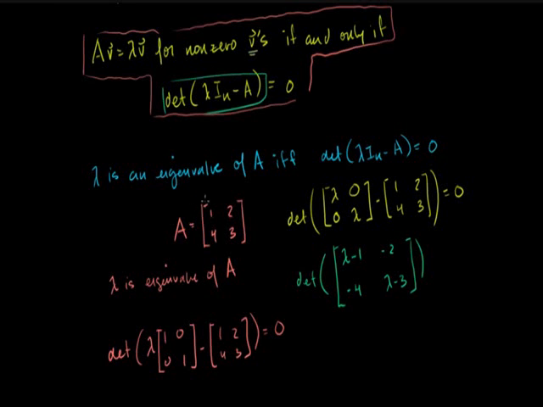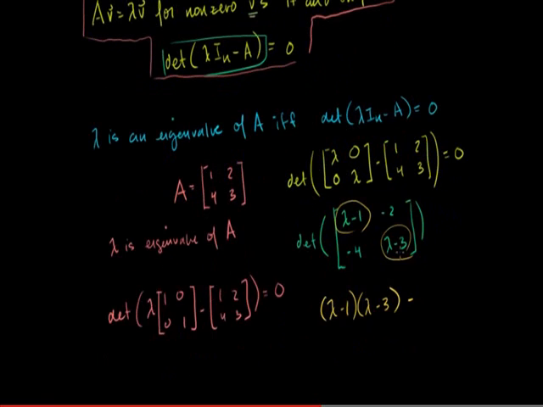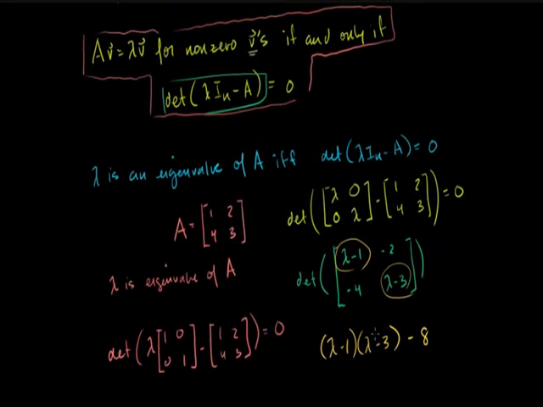We have a very simple way, which we already discussed in the previous lectures: multiply the diagonal elements with each other and subtract the product of the reverse diagonal elements. So lambda minus 1 is the first element of the diagonal, and lambda minus 3 is the second, minus the reverse diagonal elements, minus 2 into minus 4. This is 8.